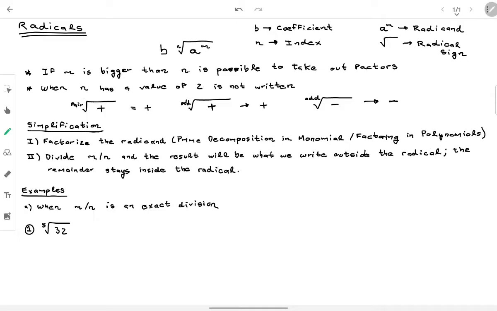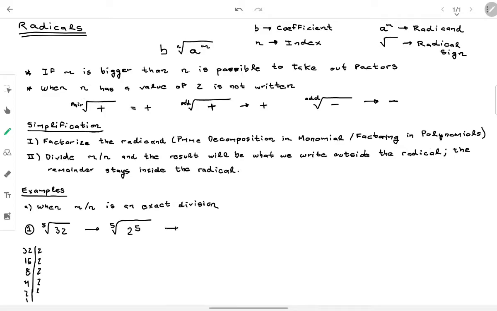So we have the fifth root, or the fifth radical, of 32. First we need to decompose the number 32: 8, 4, 2, 1. That means we can write this as the fifth root of 2 to the 5.